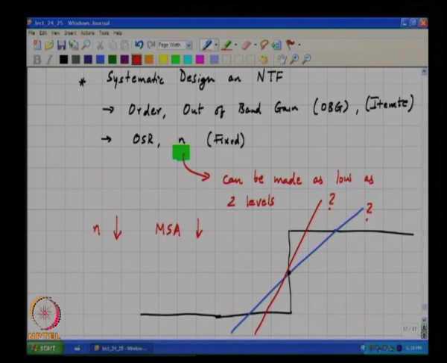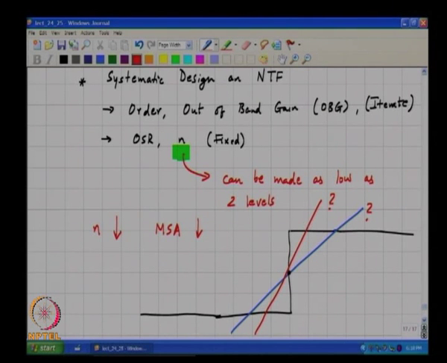to be perpetually overloaded, correct, and therefore all the nice assumptions we make about additive noise and all that are not valid anymore, okay. But quite dramatically and quite almost by magic, you can still use a single bit quantizer and get away with it, okay.